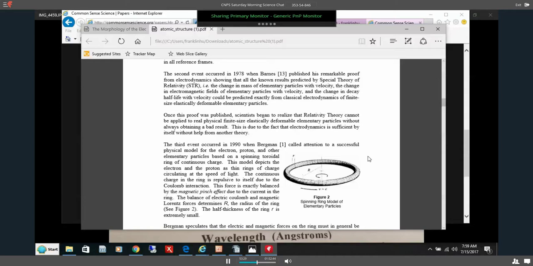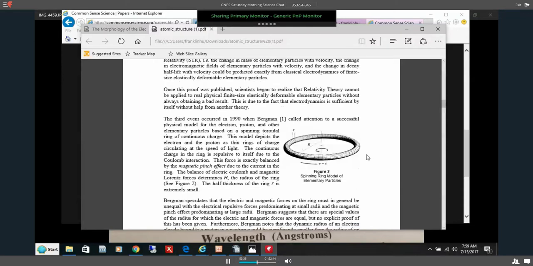I think Harry is right in that central to this theory is this Bernoulli's ring model of elementary particles, right? Toroid, yes. The toroid.